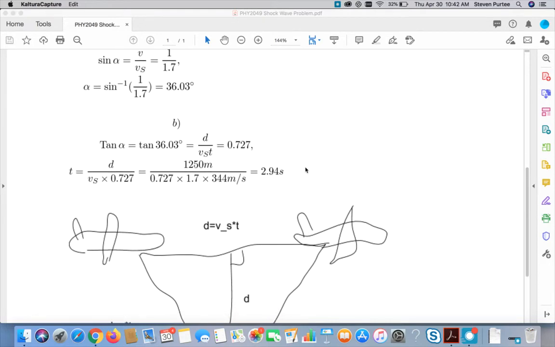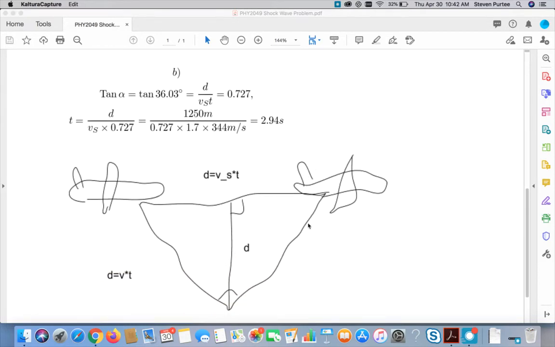It was 36 degrees. So tangent of this angle, tangent of 36, will be the altitude, which they told us, over this distance right here. Not the total distance, not what I have written there, just this distance.